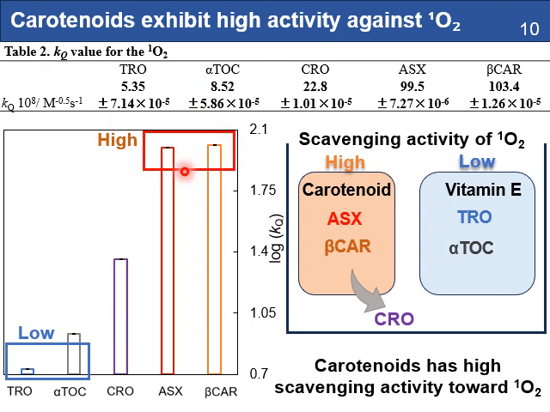In contrast, astaxanthin and beta-carotene show strong scavenging activity, and crocin showed moderate activity. Just like with radical scavenging activity, this result suggests that the singlet oxygen scavenging activity depends on the type of antioxidant too.